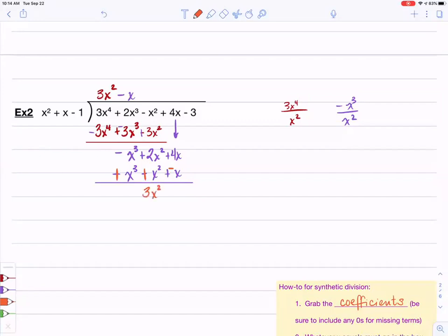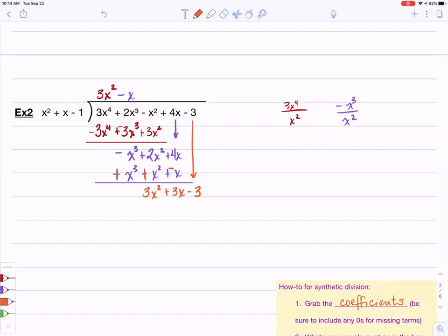And then another person, what happens when you combine your last two terms? Okay, a positive 3x. What's next in the list? Bring down. Okay, the last step. Repeat. Do it again.